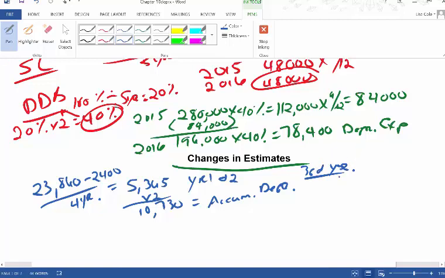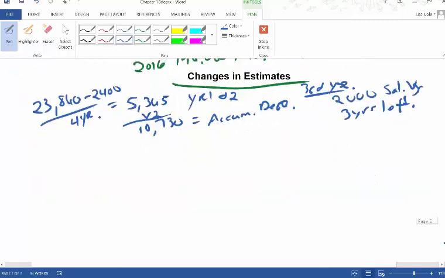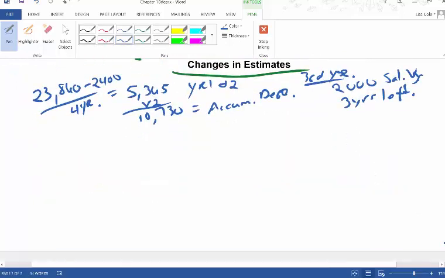They say, okay, now the salvage value is $2,000. That's our new salvage value, and that our remaining years is 3 years left. Okay, so what we have to do is come up with our new depreciation that we're going to take each year.